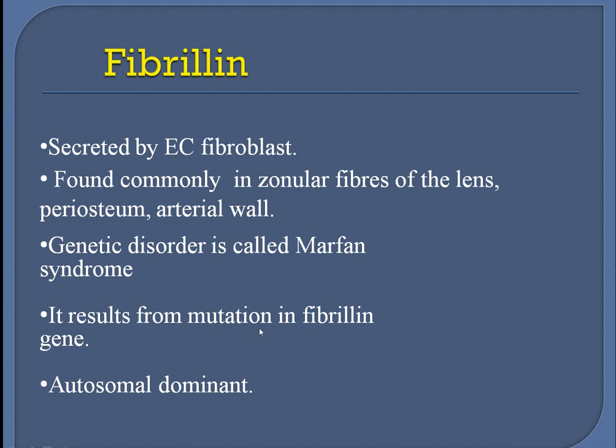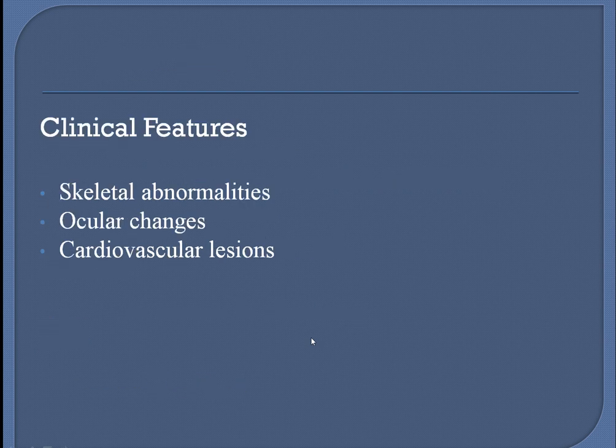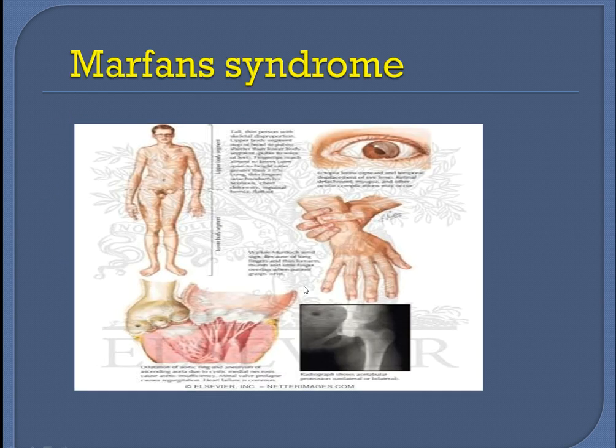It results from a mutation in the fibrillin gene and it is an autosomal dominant disease. In Marfan syndrome there are skeletal abnormalities, ocular changes and cardiovascular lesions, as you can see in this picture. Skeletal abnormalities you can see in the limbs, along with ocular and cardiovascular abnormalities.